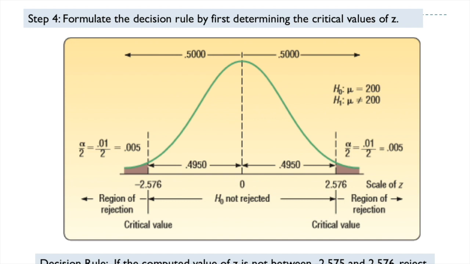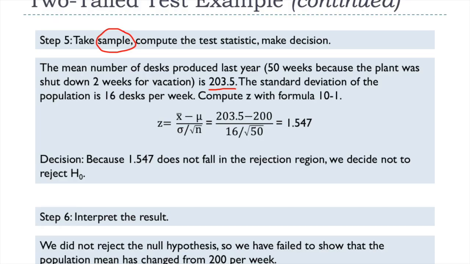And so our critical values are a positive 2.576 and a negative 2.576. And so if the sample statistic that we get falls in between those two values, then the null hypothesis would not be rejected.